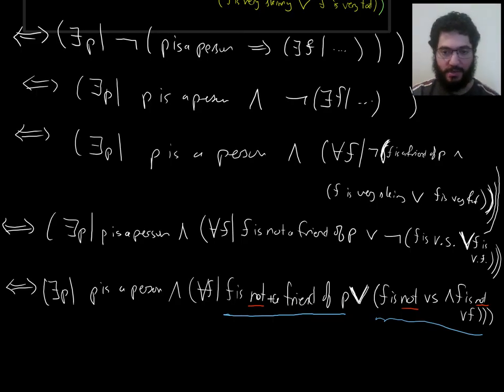So going back here, I can basically erase this not, f is a friend of p, and then turn this into an implication. And that would also be equivalent.